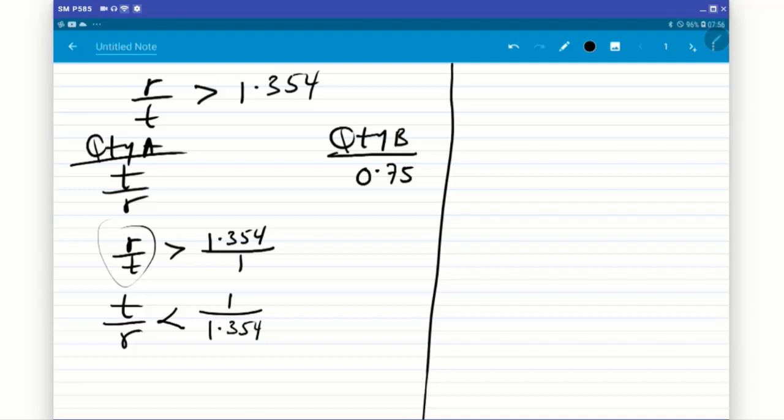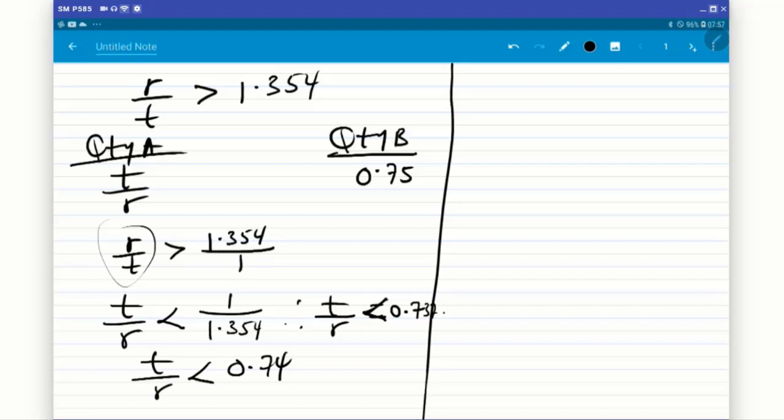And when you check with your calculator, you divide 1 by 1.354. What does it give you? You get less than 0.737 whatever. Okay, so our T over R is less than, even if I approximate, 0.74.